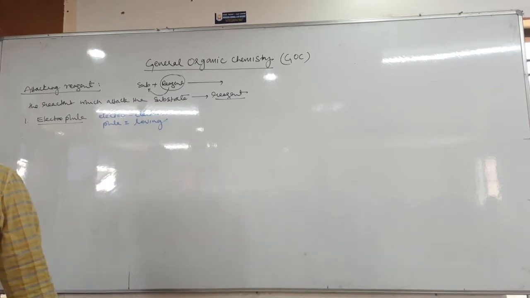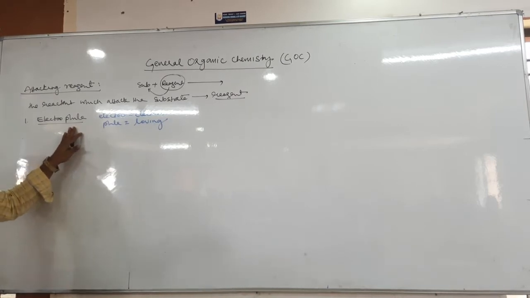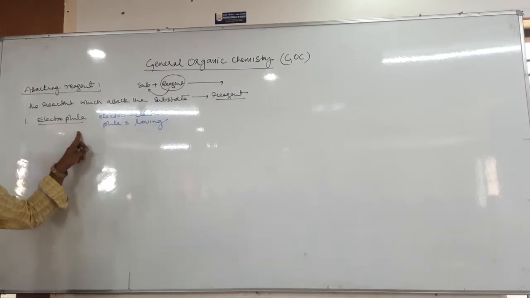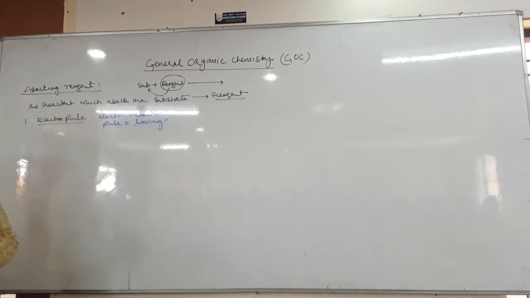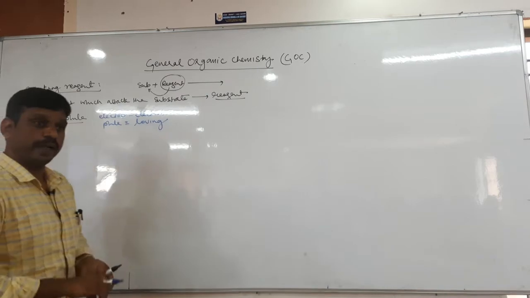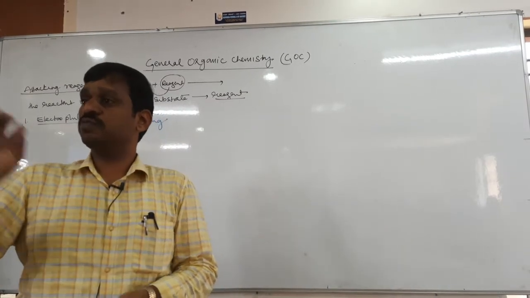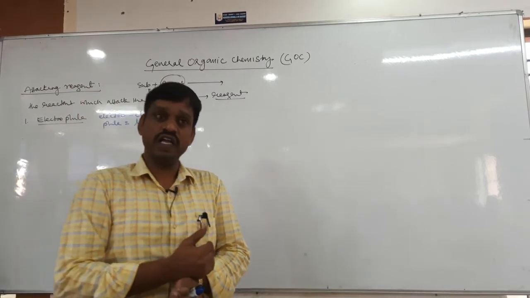It means electrophiles seek electrons, they love electrons. It means they are electron deficient or electron rich? They must be electron deficient. Since they are electron deficient, they are electron seeking reagents, electron loving species. That means they want electrons. So in simple terms, an electrophile is an electron deficient species. Electron deficient species are called electrophiles.